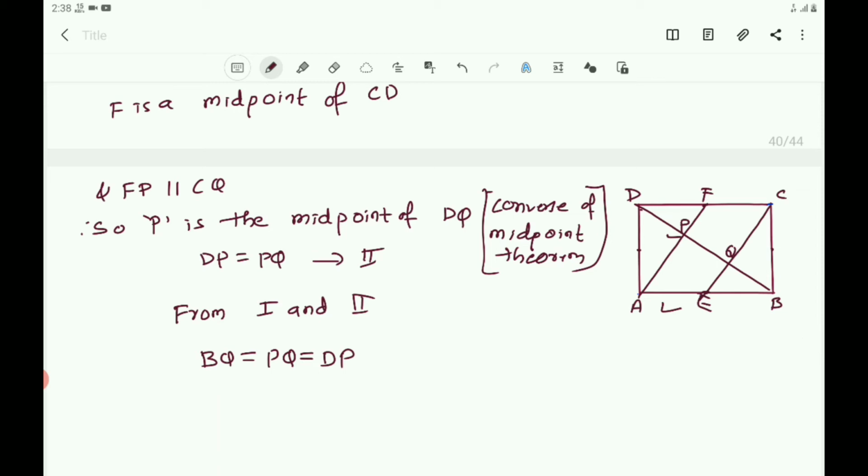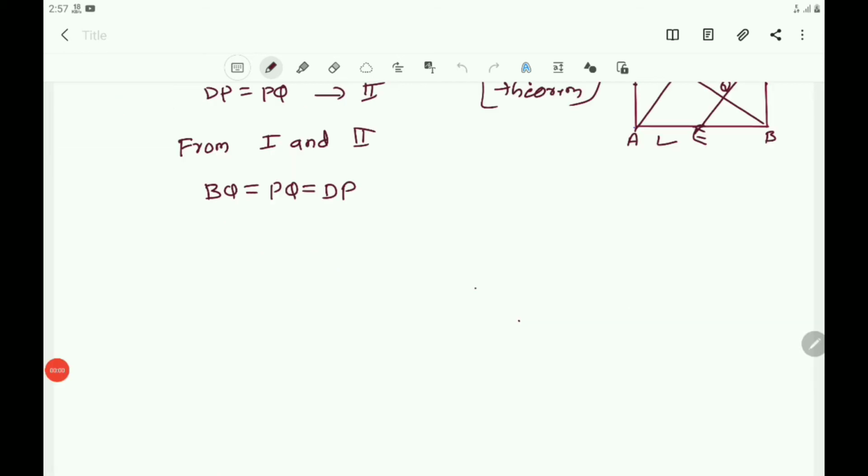So P and Q are the trisecting points of the diagonal DB.